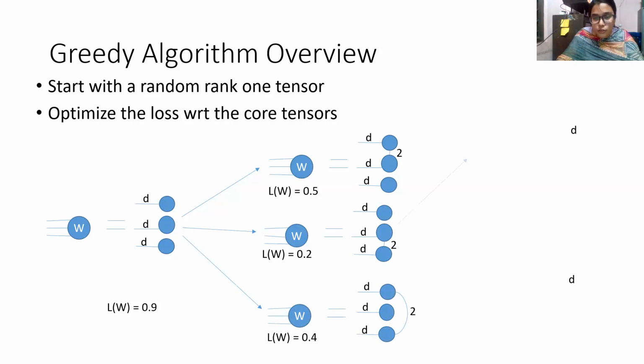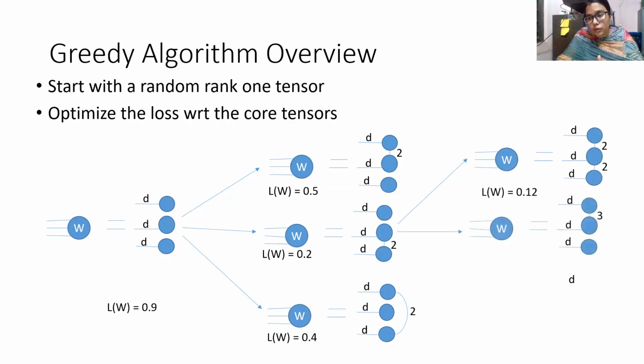We will calculate the loss function. Here is another example with 3 nodes, but it can be thousands. Node 1 and 2 are connected, with loss function 0.12, and node 1 and 3 are connected, with loss function 0.15.